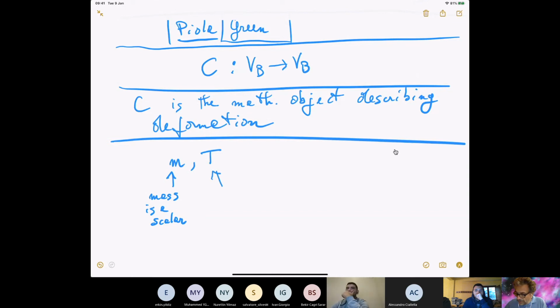You change the observer and the temperature is not changing. So temperature is a scalar.